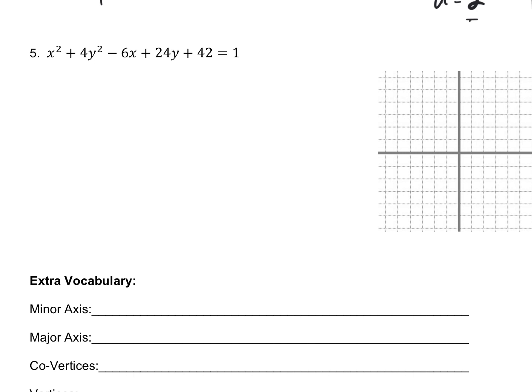So you're completing the square right now. Okay, I'm going to do this while y'all do it.